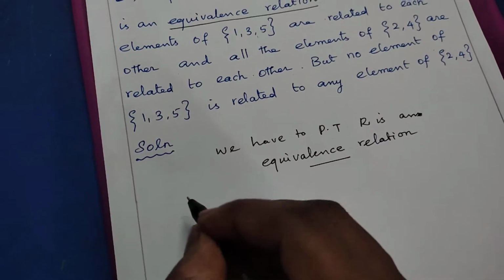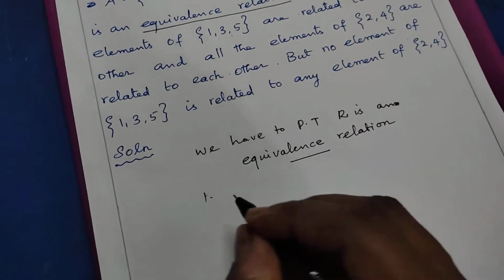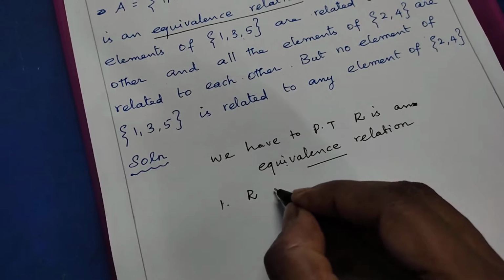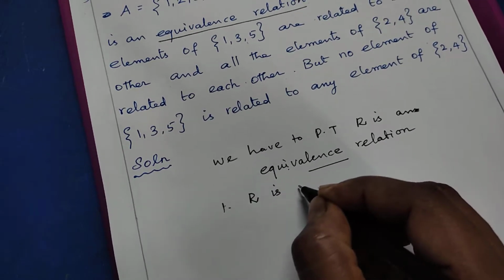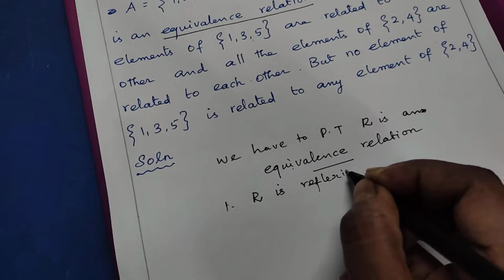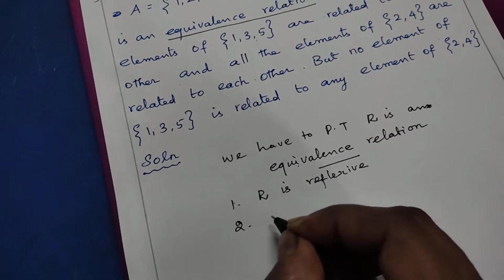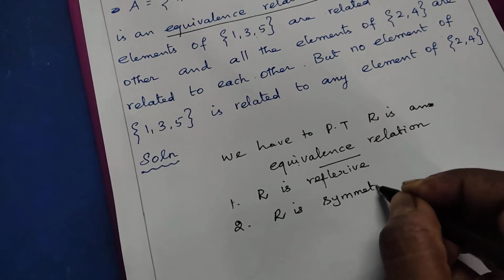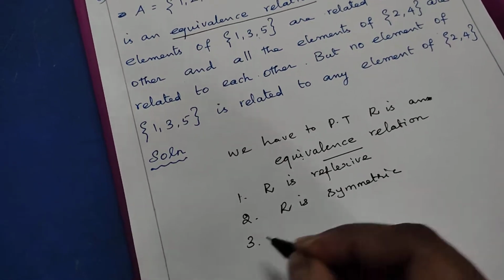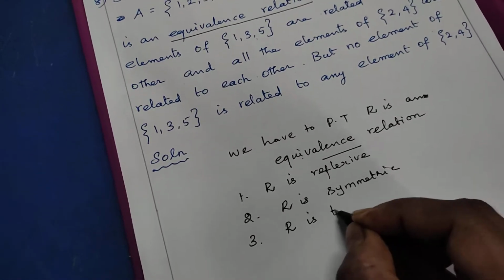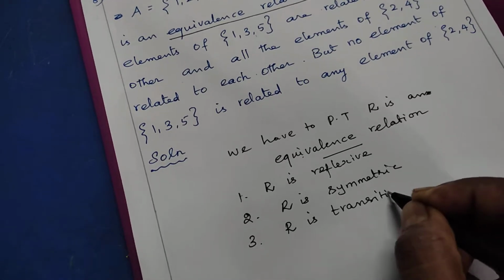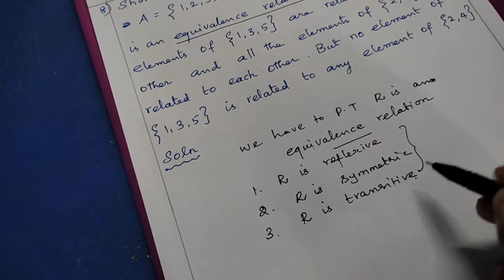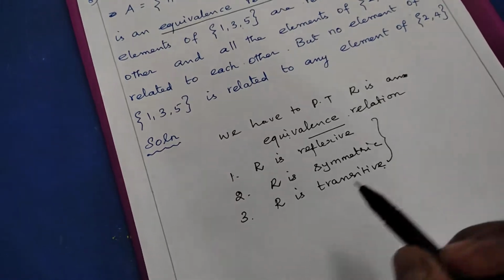For an equivalence relation, first we have to prove R is reflexive. Then second, R is symmetric. The third one, R is transitive. These three we have to prove first of all. Then we can say that R is an equivalence relation.